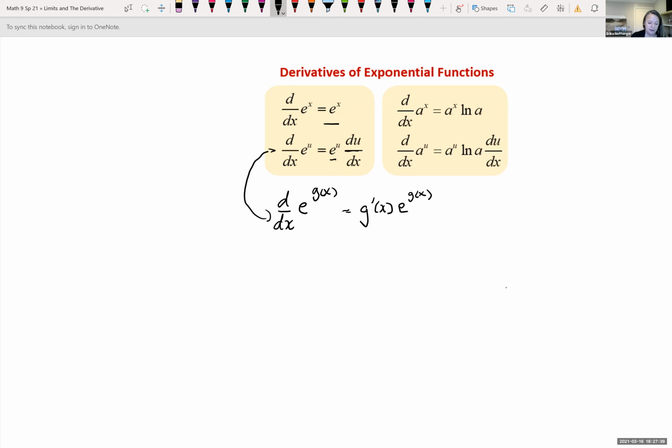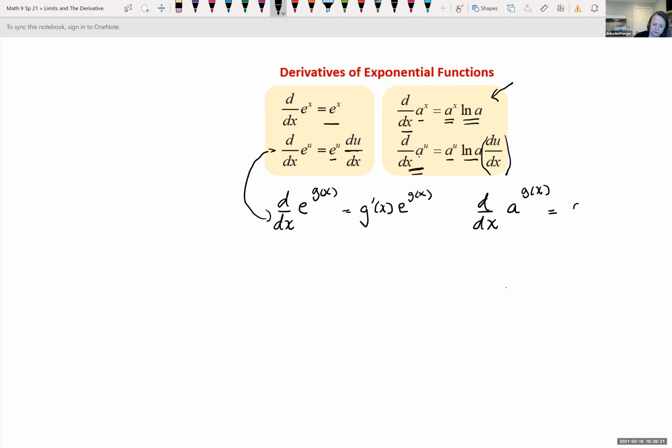So same thing with a base other than e. I guess this works too with base e. It's just that the natural log of e is 1. So the derivative of a to the x is its original function, a to the x, times the natural log of the base. And the derivative of a to the u, where u is a function of x, is its original function times the natural log of the base a times the derivative of our exponent, where I had written it as d dx of a raised to the g of x power.